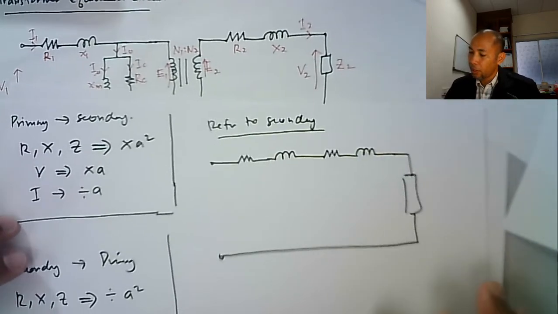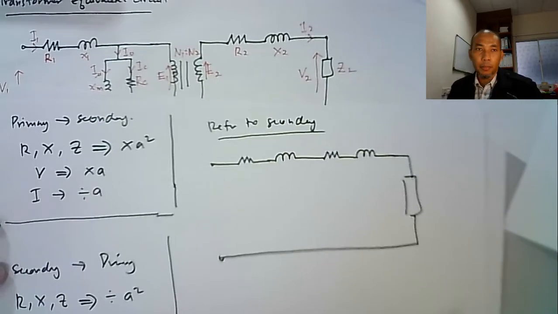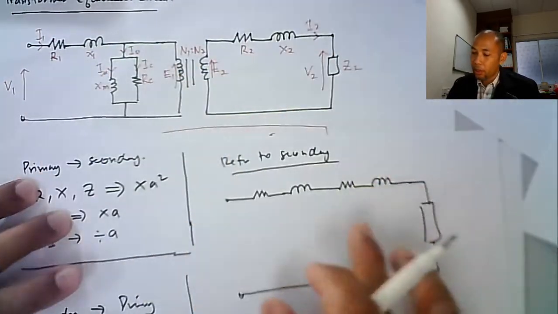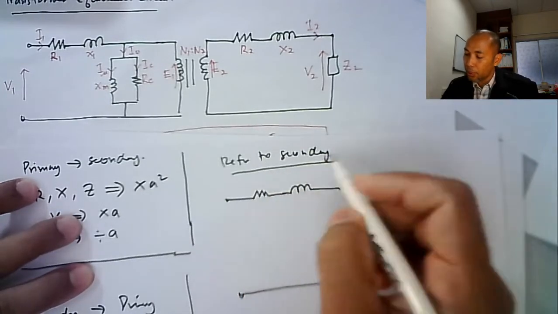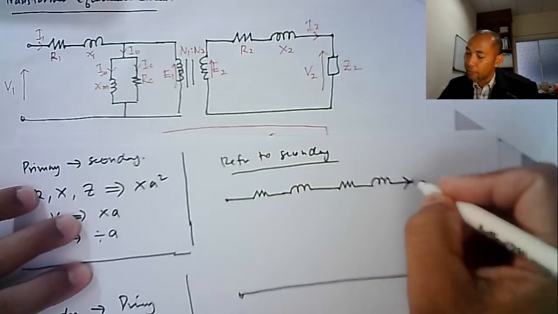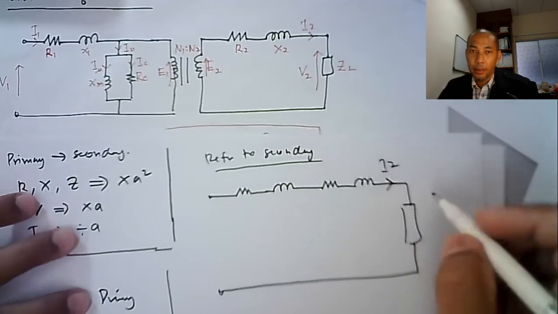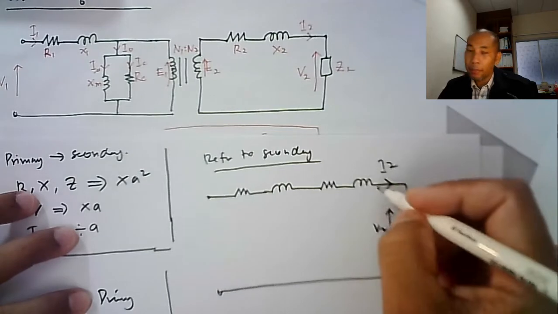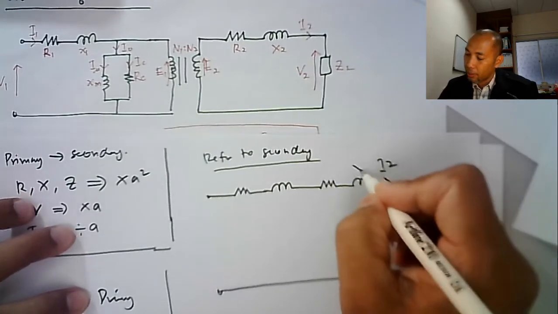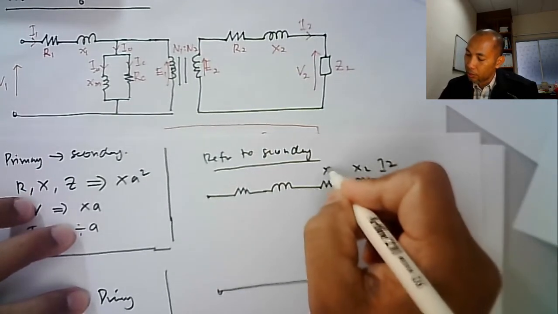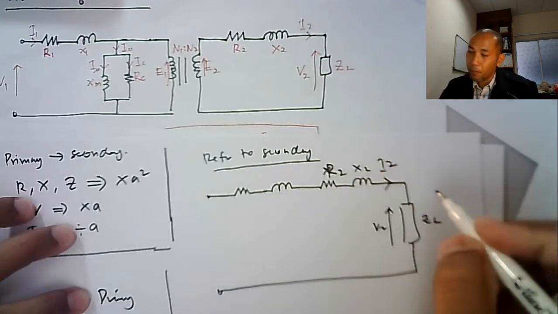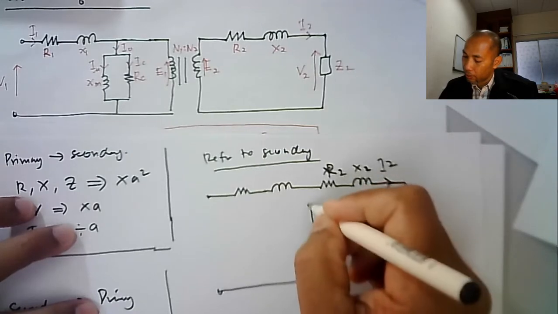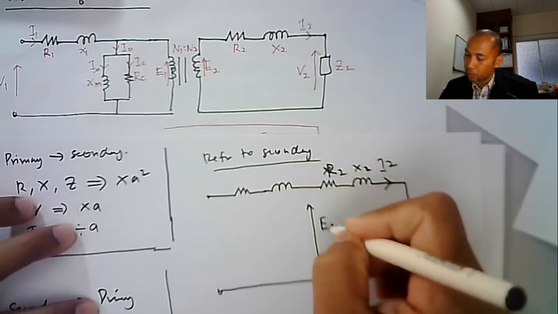We want to bring all the parameters from primary to secondary. We refer to secondary means that we maintain the secondary values. I2 maintained, ZL, V2, all the parameters in the secondary we just maintain. X2, R2, E2.